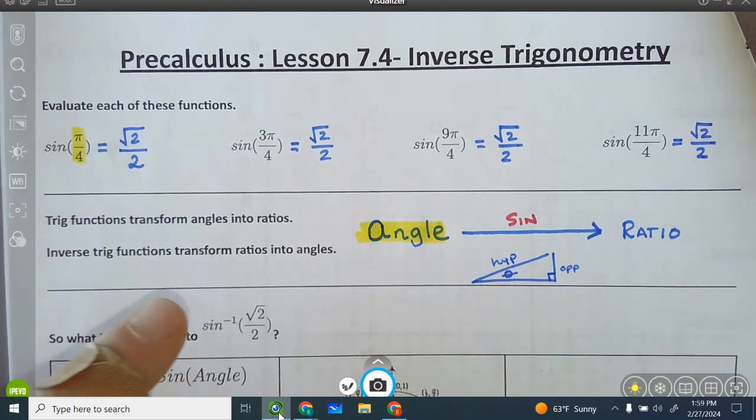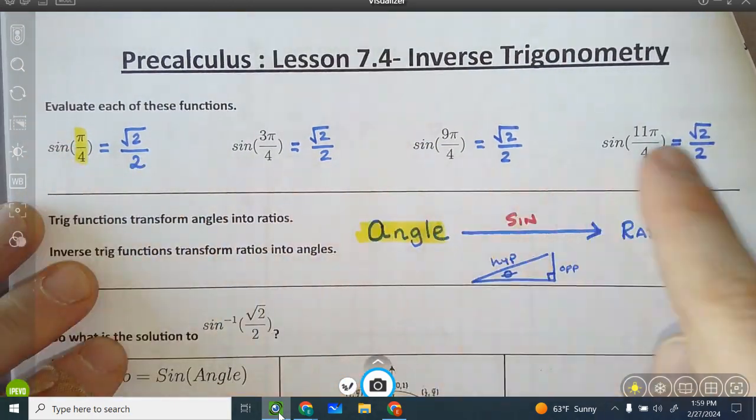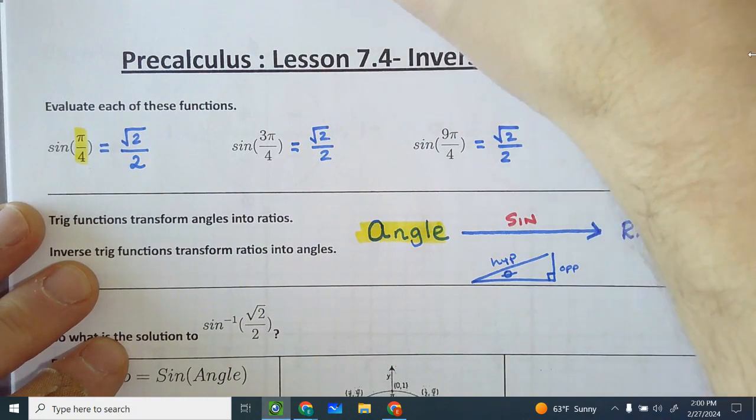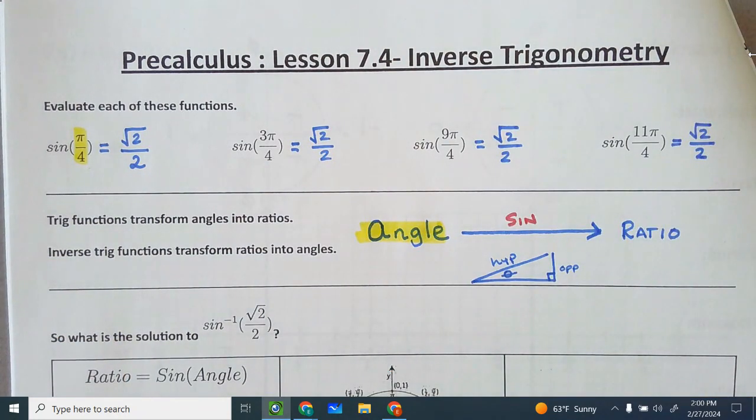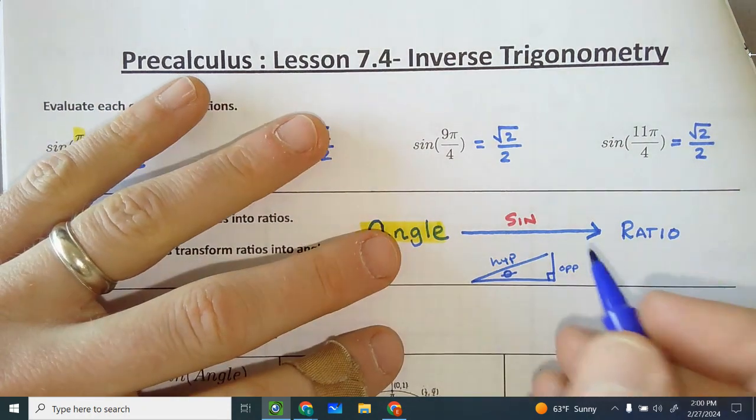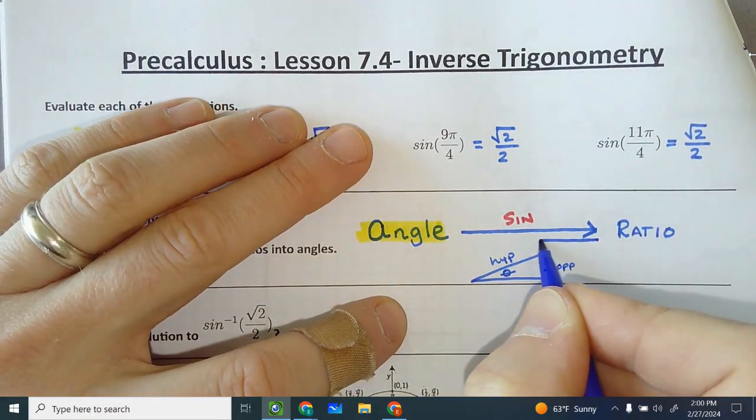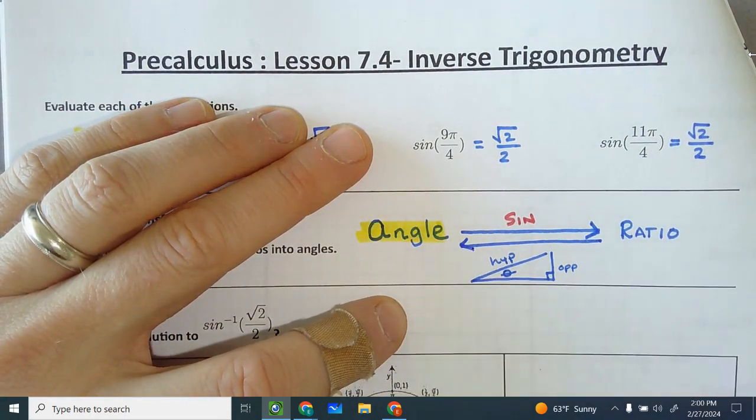And here's why it's important that these 1, 2, 3, 4 angles can all give us the same ratio. Today we're talking about inverse trigonometry. And inverse trigonometry works in the opposite direction.